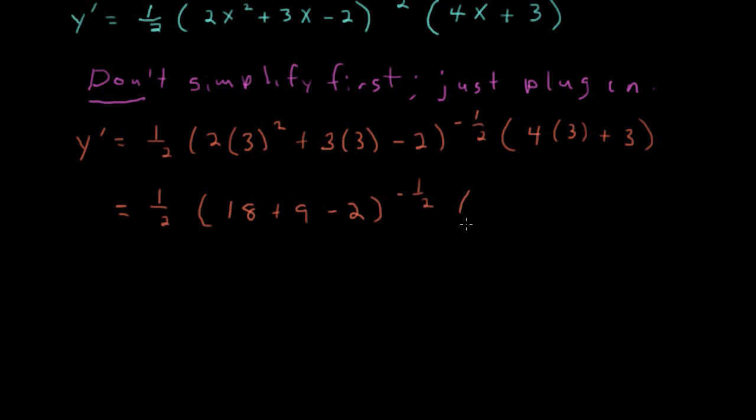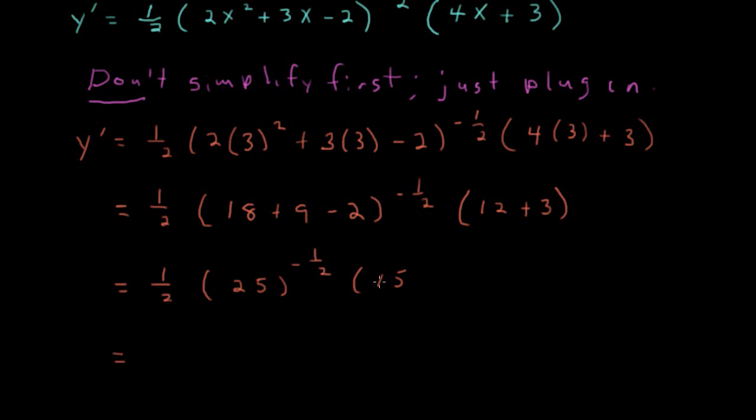And we can simplify this a little bit over here. 4 times 3 is 12, plus 3. That's now equal to, what is 18 plus 9 minus 2? 27 minus 2, I think it's 25 to the negative 1/2 power, and of course 12 plus 3 is 15.